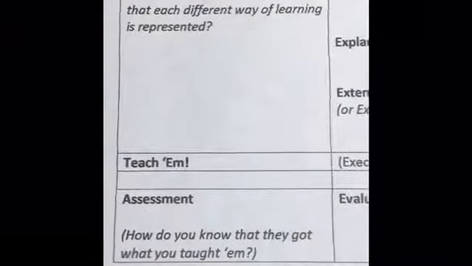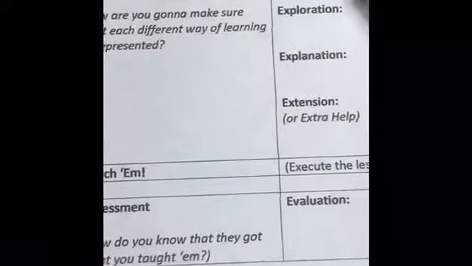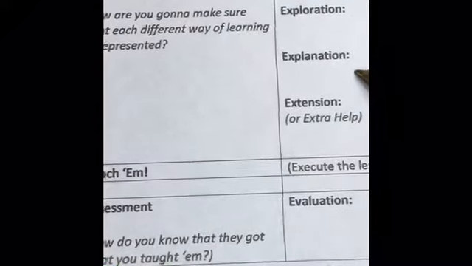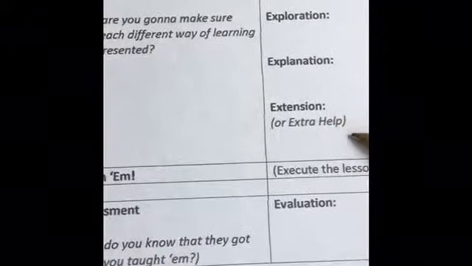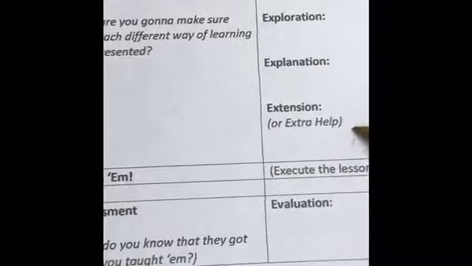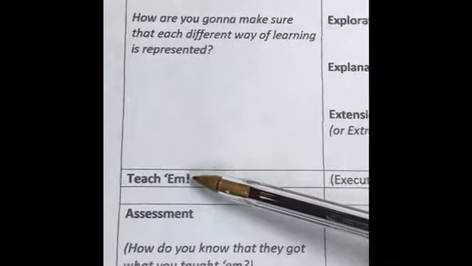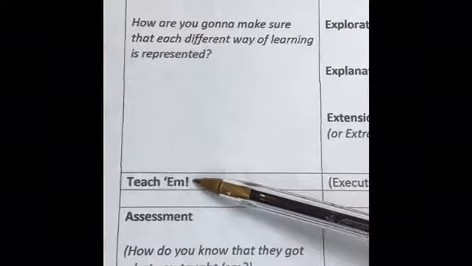And of course, for your higher learners, this may be an opportunity for them to apply those concepts in a higher way in terms of their level of understanding. So as you do these four things, engagement, exploration, explanation, and either extension or extra help or both, if you've got kids at both ends of the spectrum in your classroom, that kind of summarizes what I mean by teach them.